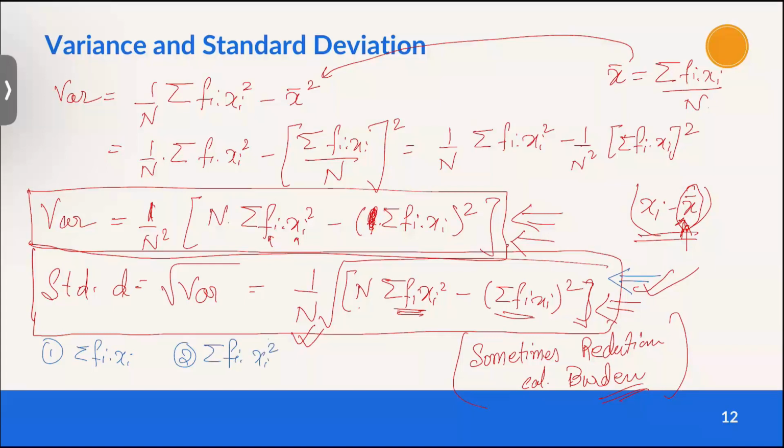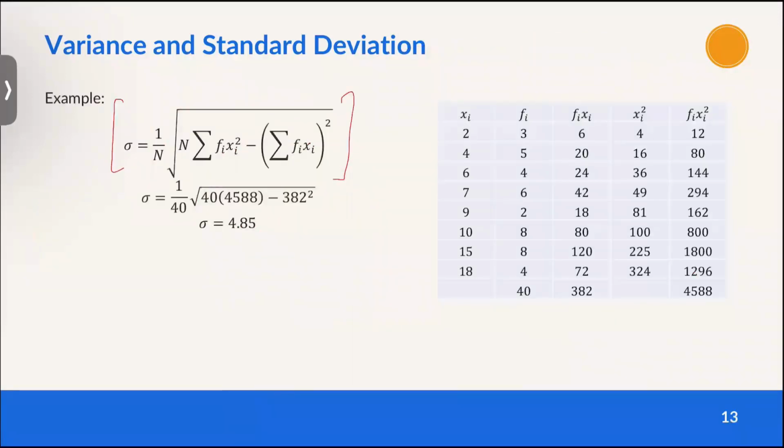To calculate this, we require xi squared. So three things we have to calculate, first this, then this, then this. We'll go to the next slide and see how we calculate these three things, and then go to the calculation of variance and standard deviation.